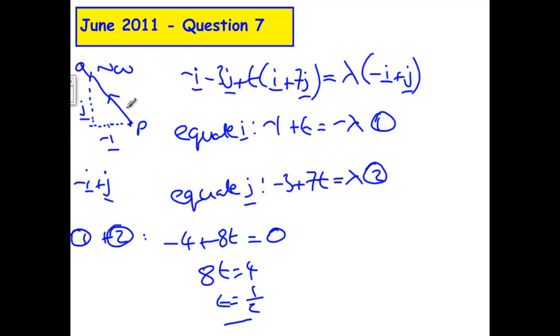And then similarly, on part 2, equating the vector PQ equal to lambda times (minus i plus j), that is a method mark. And then for all of this hard work here, which can be fairly tricky to understand, and it can be easy to make a mistake, there is one accuracy mark.